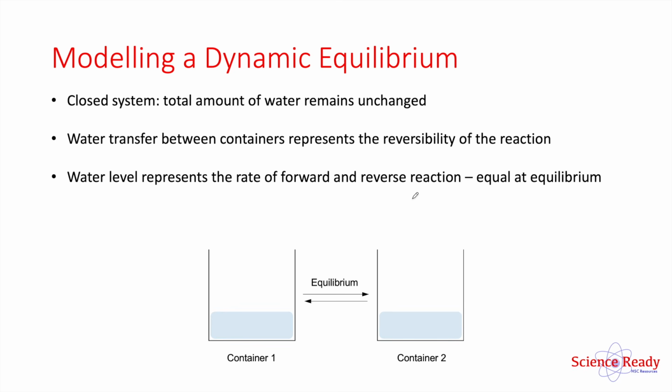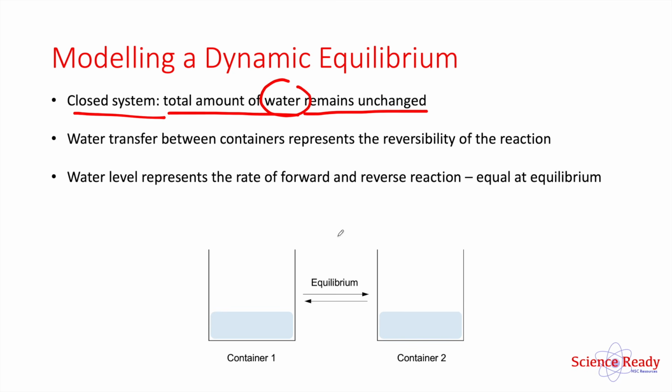So how does this model illustrate the concept of equilibrium, that is dynamic equilibrium? So first of all, remember that a dynamic equilibrium requires a closed system. And that is demonstrated in this model because the total amount of water, which represents matter, it remains unchanged.